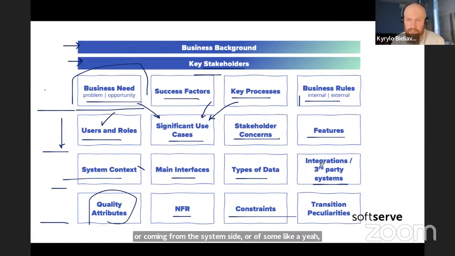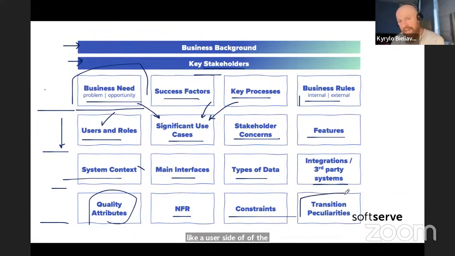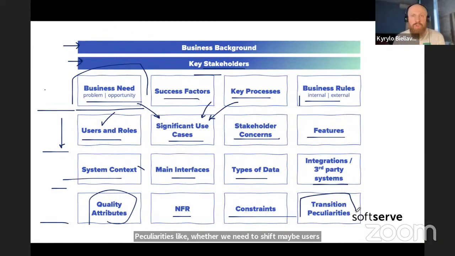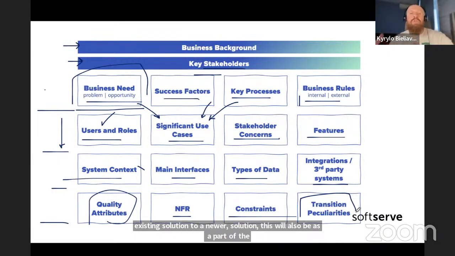Also, if you have time, don't forget about the transition peculiarities, like whether we need to shift users from an old system to a new solution, whether we need to migrate the data, or whether we need to change something significantly from an existing solution to a newer one. This will also be part of the scope of the potential project. So we don't forget about that.